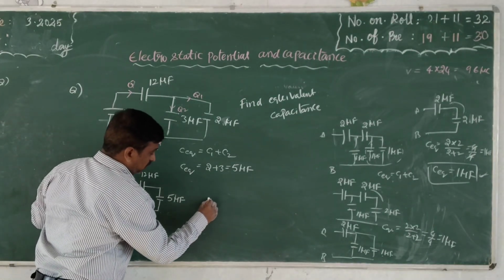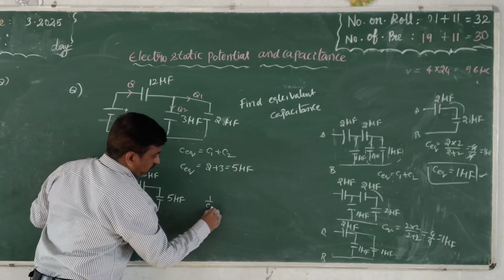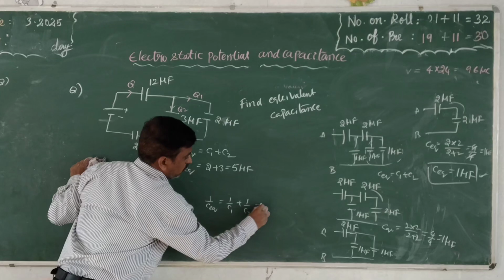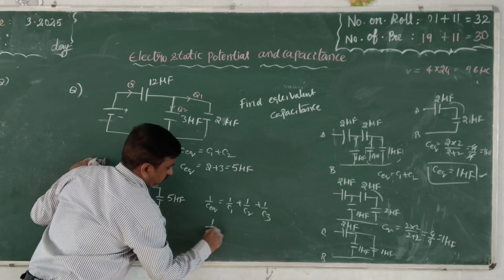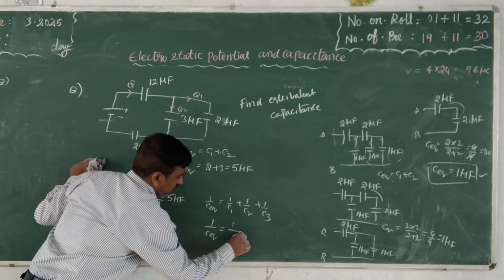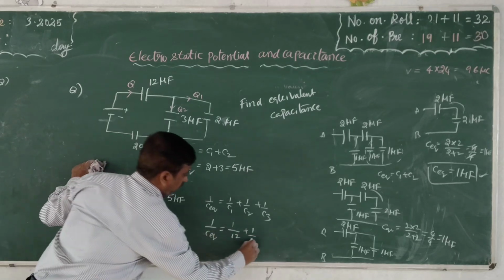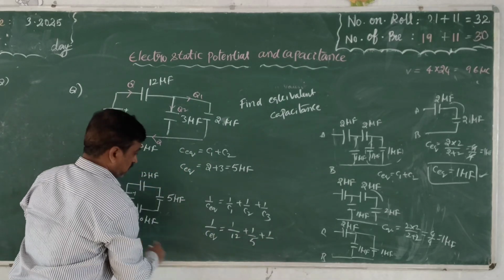For series, what is the C equivalent? 1 by C equivalent equals 1 by C1 plus 1 by C2 plus 1 by C3. Here 1 by C equivalent equals 1 by 12 plus 1 by 5 plus 1 by 20.